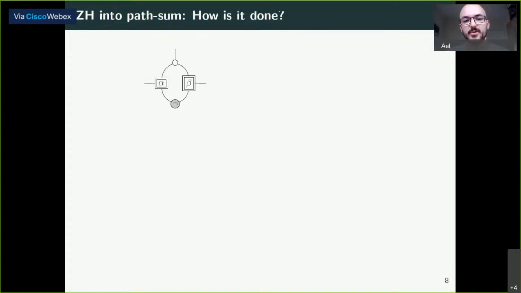Now I'm going to give you a concrete example of how you could translate a ZH diagram into a path sum term. Here, as you can see, you have a diagram with a negate dot. It's something that we like to use, but it's difficult to translate it into path sum as itself.